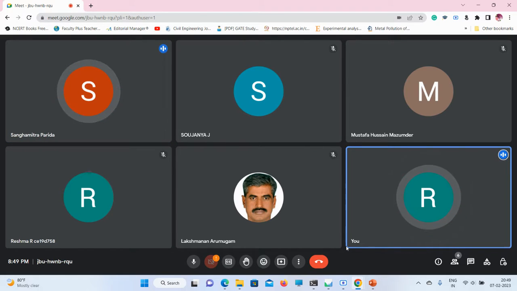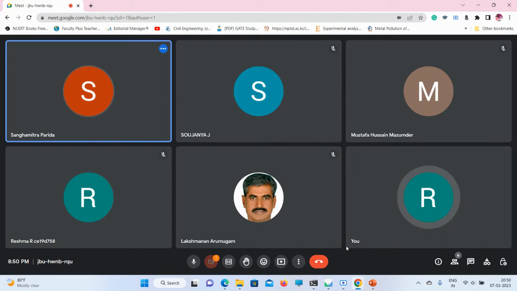As far as I remember, statement one should be false, because design should not be based on the peak hourly demand. And what is option two? Peak hourly demand considers both daily and hourly variations in water demand.